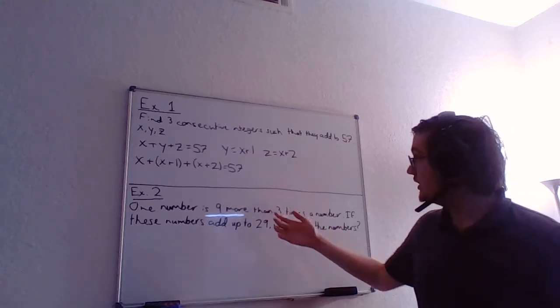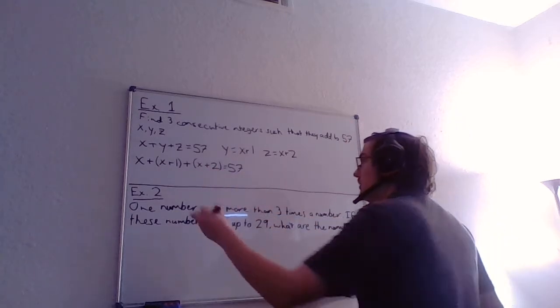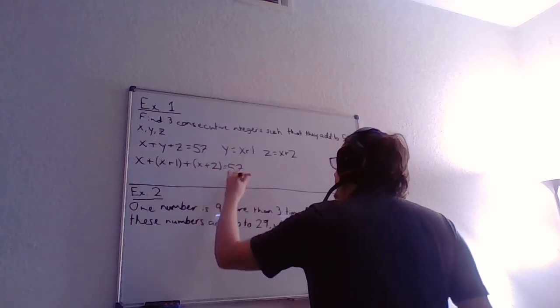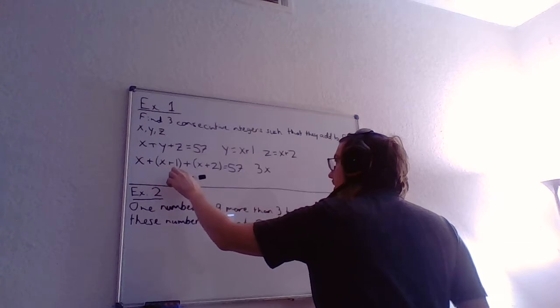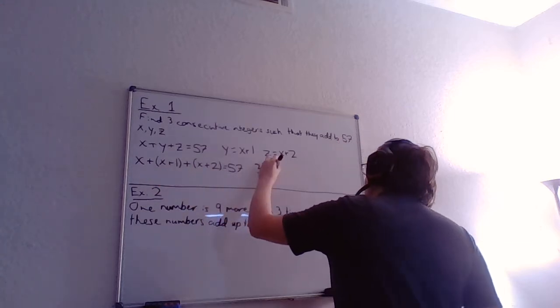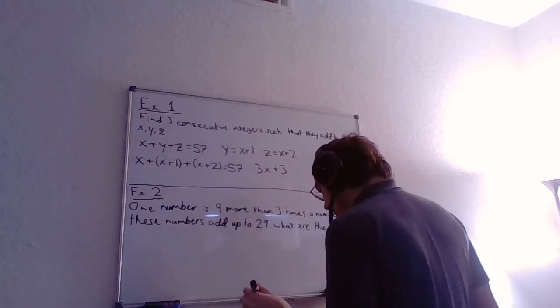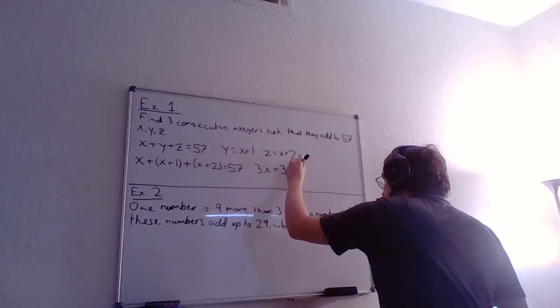Now, we're going to continue solving it. Right? So we have three x's here, 1, 2, 3. So this becomes 3x, and then we have a 2 and then a 1. Add those up, we get a 3. So 3x plus 3. And then that's still going to be equal to 57.